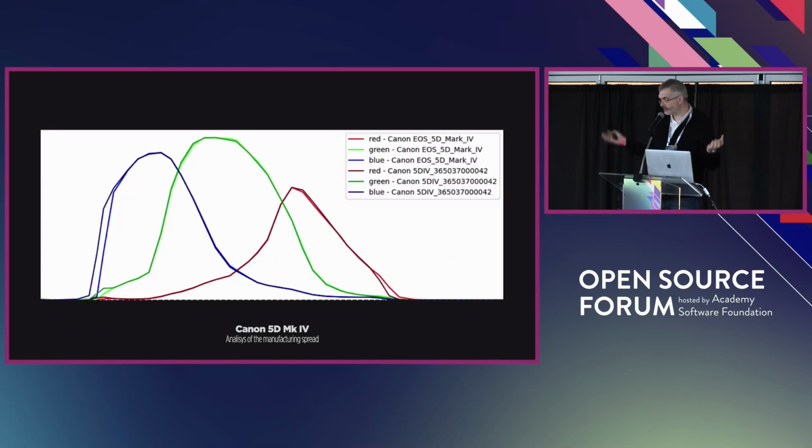And then out you get curves. And in particular, here you see 2 different 5D Mark IVs measured, and you can see that the item to item manufacturing spread is actually there. Obviously, depending on the cameras you're working with and how expensive they are, this is controlled more or less tightly, but they're not all completely identical.